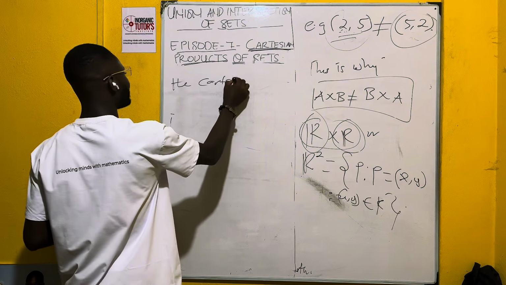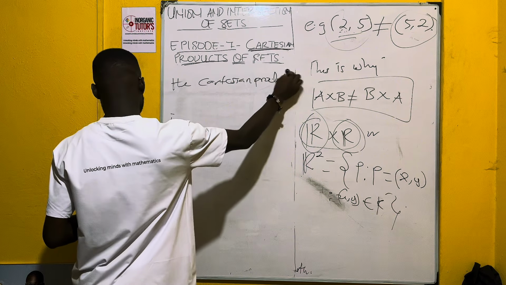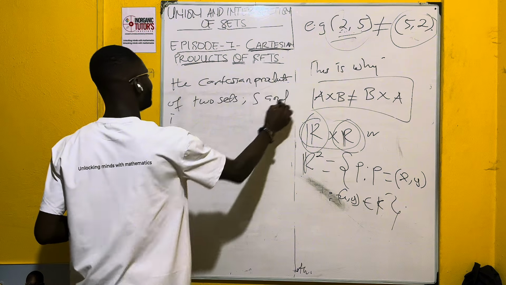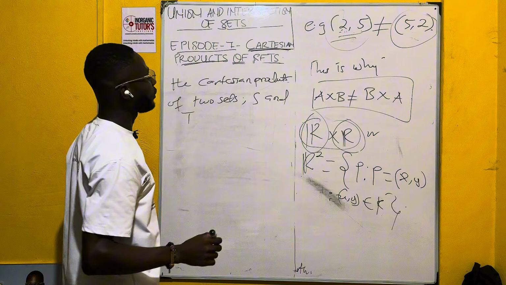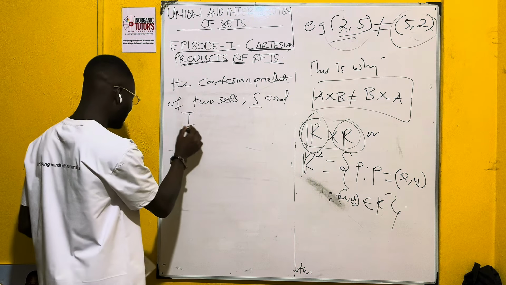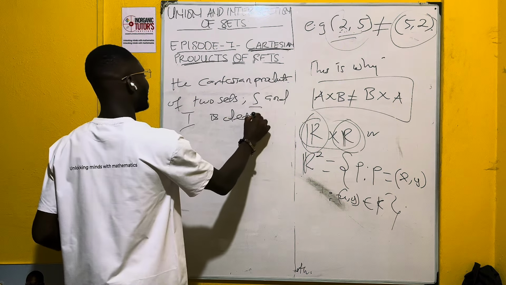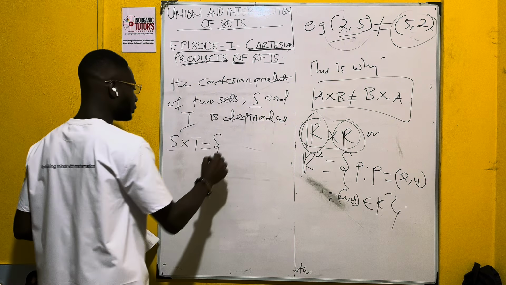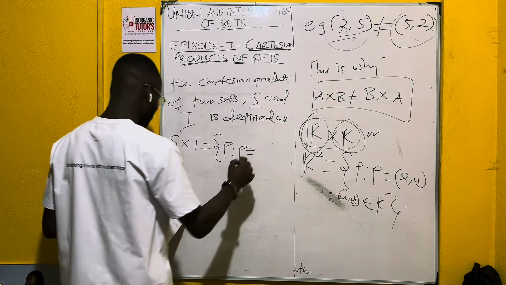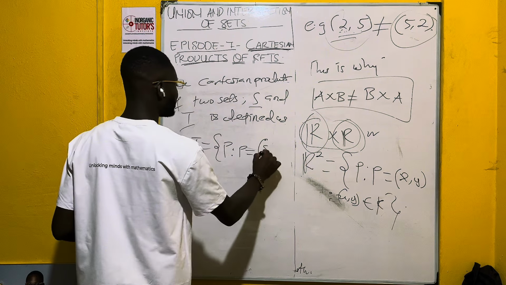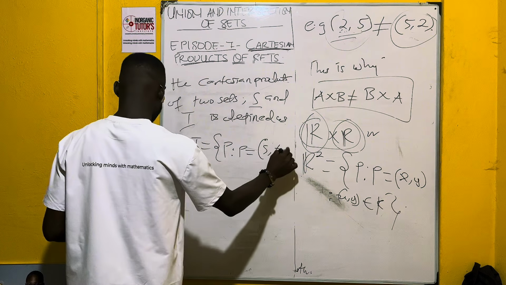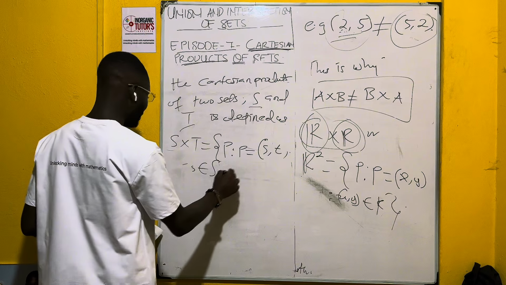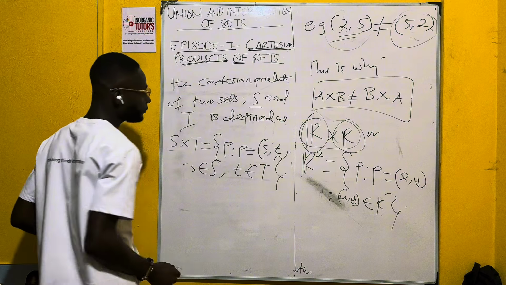The Cartesian product of two sets, let's say S and T, is defined as S cross T, and that is equal to the set of P such that P is equal to (s, t), where small s belongs to capital S and small t belongs to capital T.